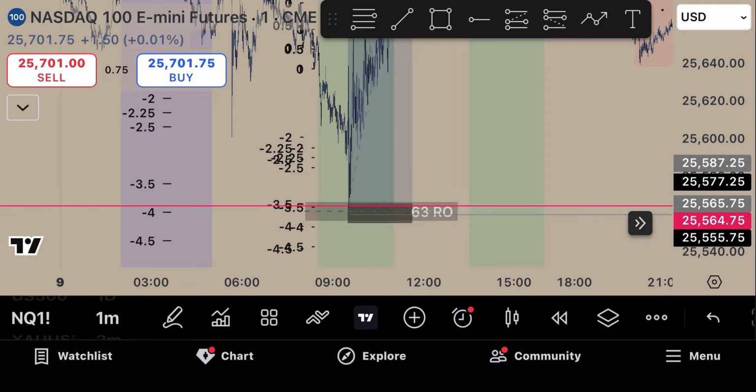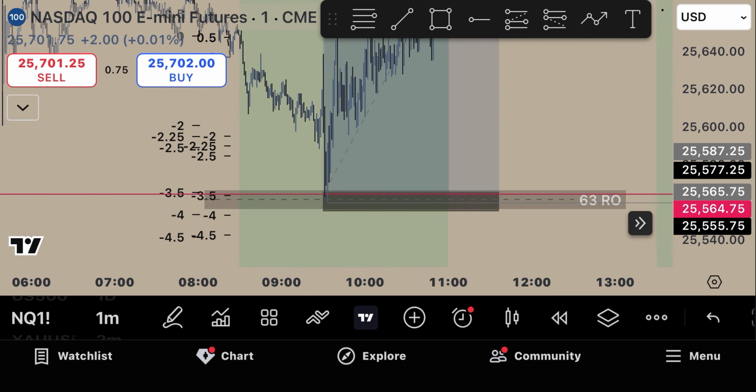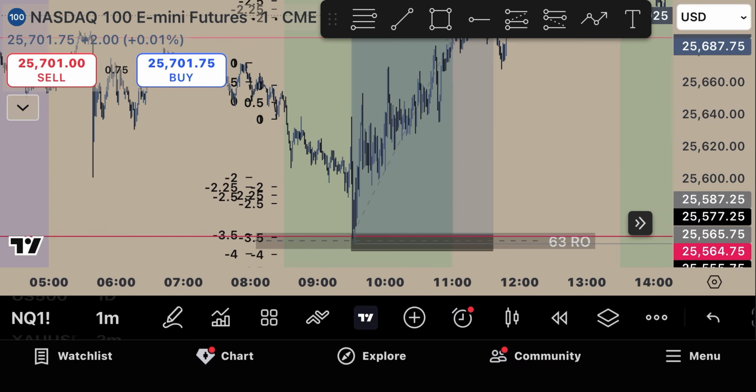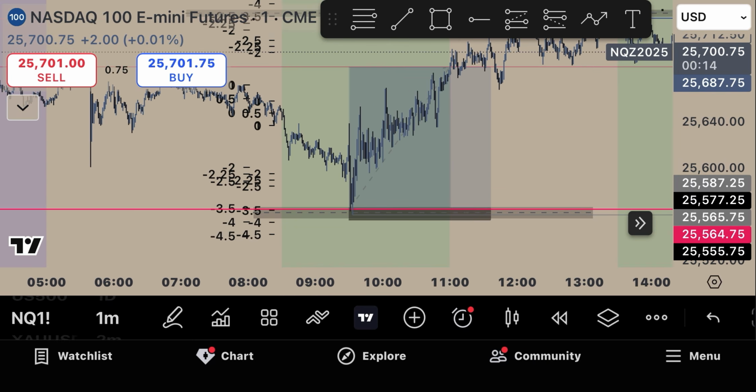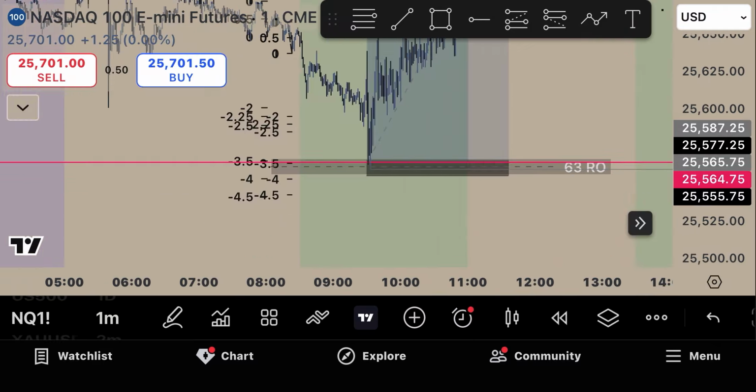And then as we got closer to this level, the heat map started showing more heat around that area, becoming more and more red, as well as orders in that area increasing. I think it was like 203, 204.